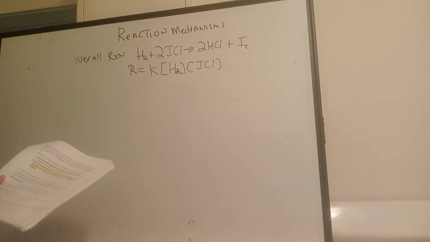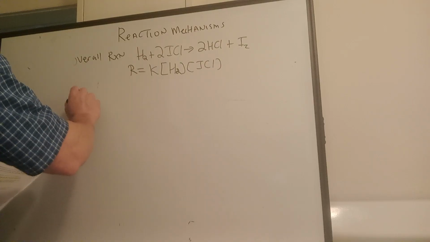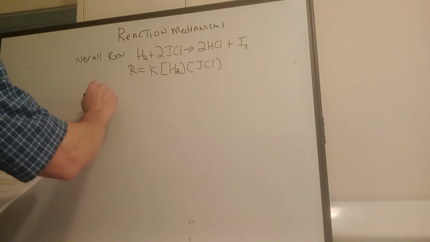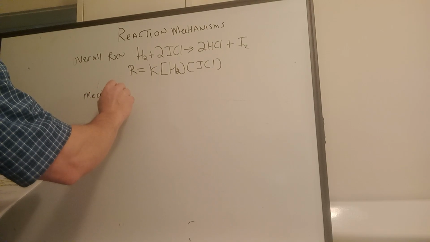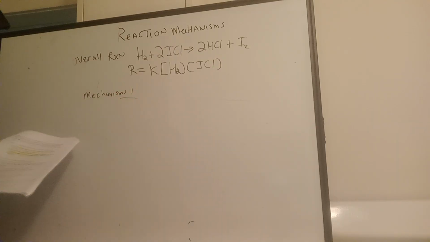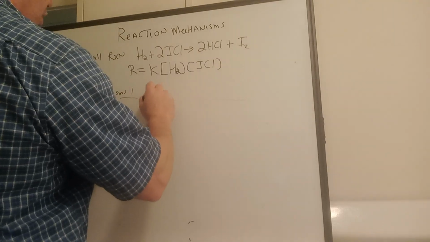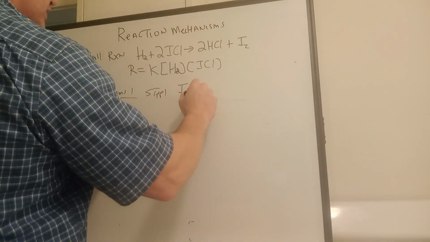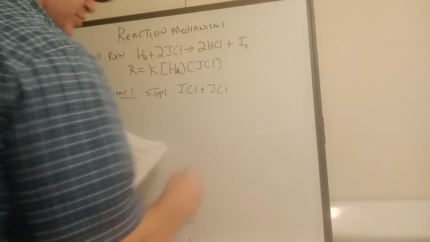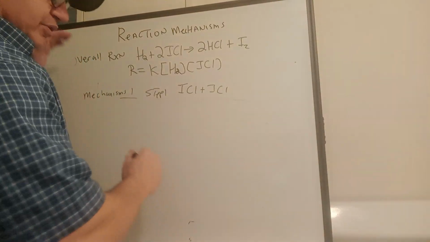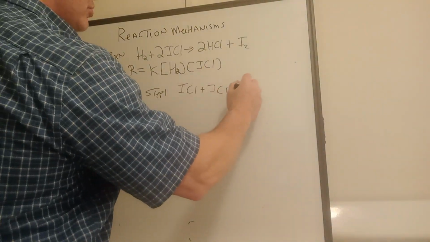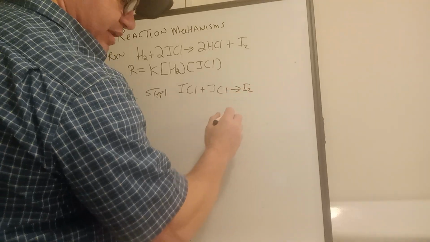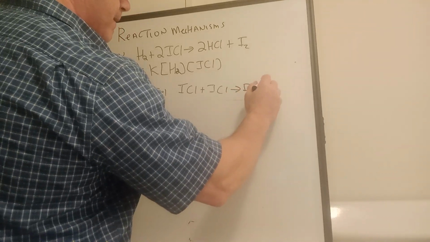So let's see which ones do not work. So let's take some proposed mechanisms. Some scientists were sitting down and they're proposing mechanisms. So mechanism one that was proposed: step 1 was ICl plus ICl going to I2 plus Cl2.